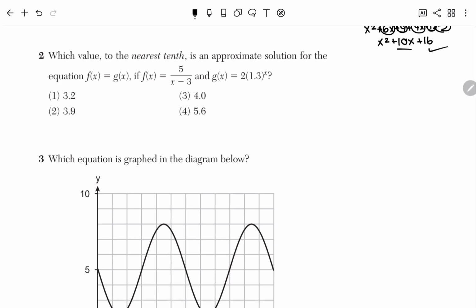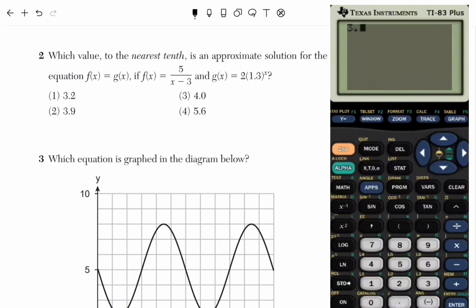So to solve question number 2, we're going to store each of our answer choices into the calculator. So we're going to start with answer choice number 1. We're going to go into our calculator and we're going to go 3.2 store as x. Then we're going to type in our equations. 5 divided by parentheses x minus 3.